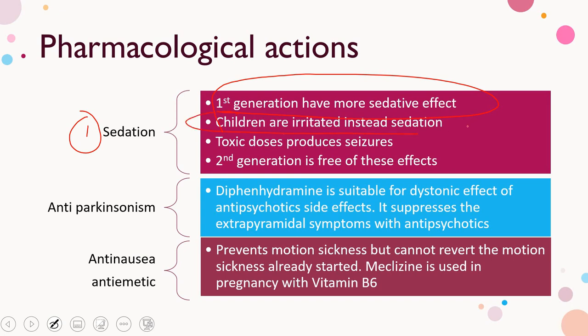This is a technical point to remember, because self-medication can create a big problem, especially in children. You give them antihistamine drugs, and instead of sedation they get irritated. Toxic doses sometimes produce seizures, and the second generation is free of these side effects.